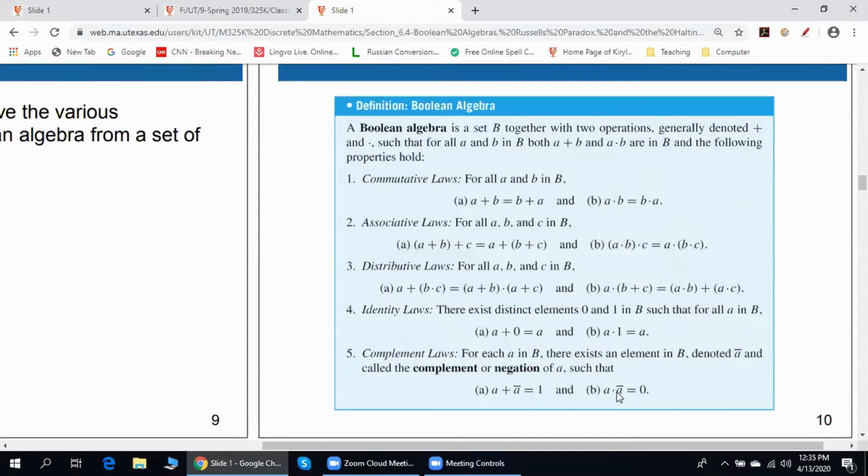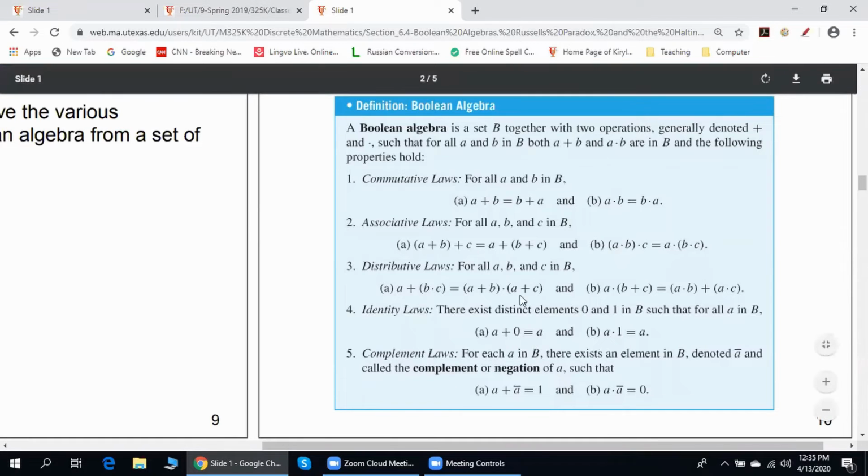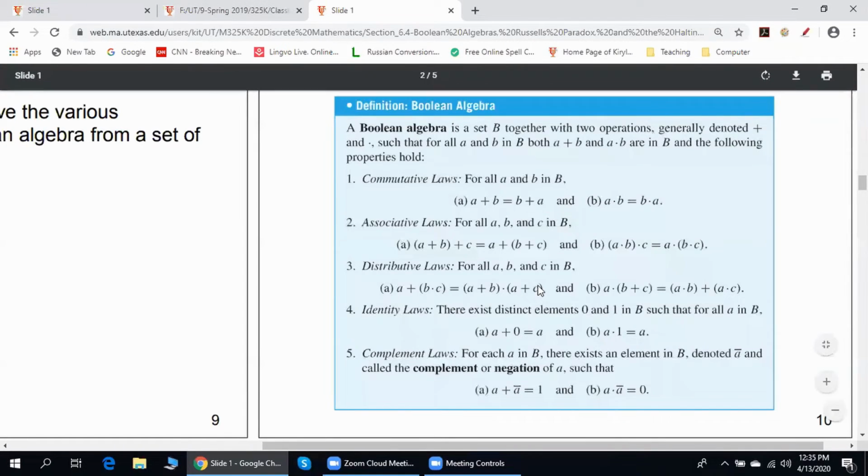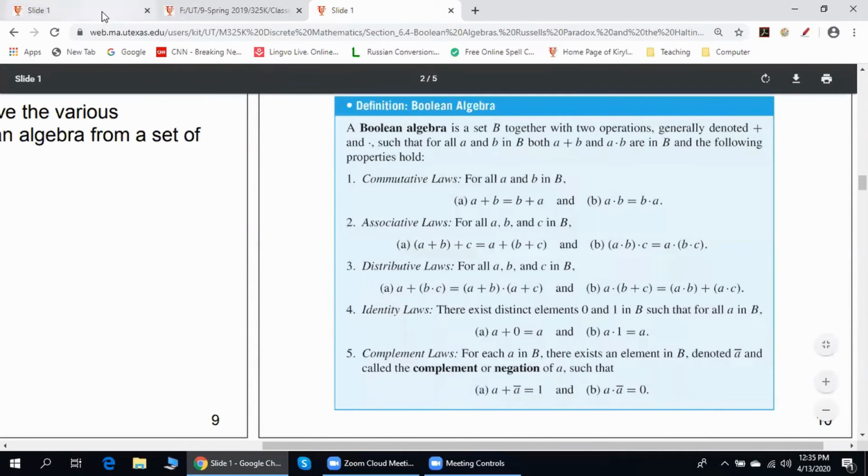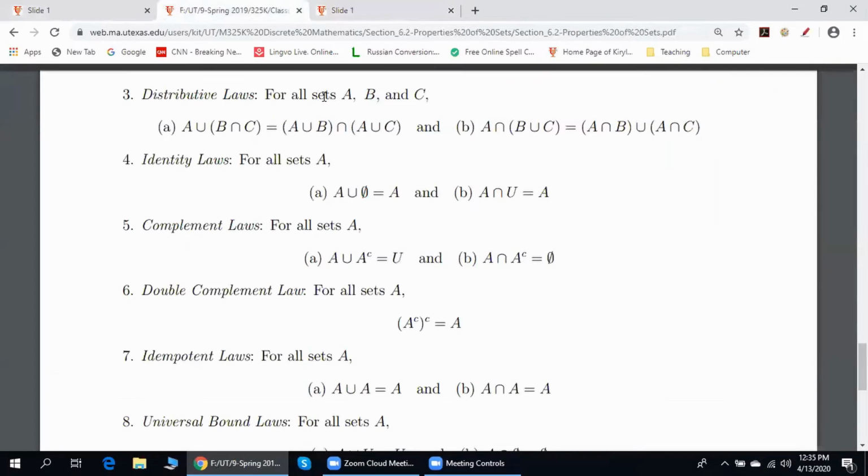For example, talking about sets, by 1 we mean a universal set. By 0 we mean the empty set. By bar we mean complement. So this is not really 1. This is not really 0. Apply these rules in our context to either logic or sets.